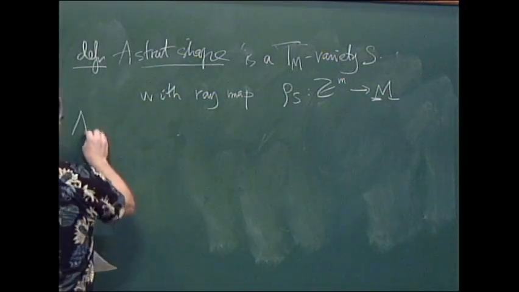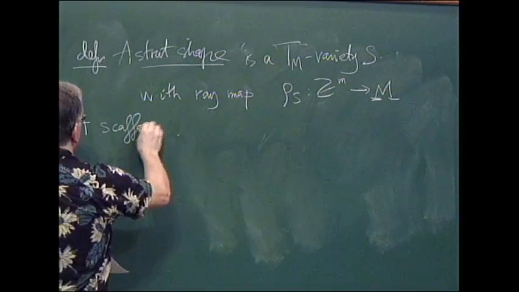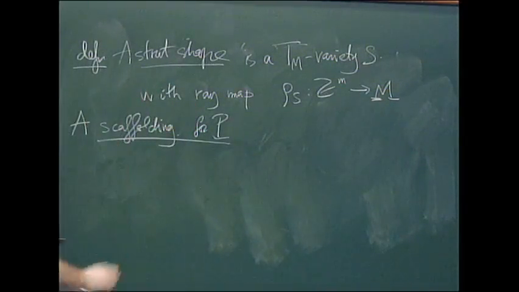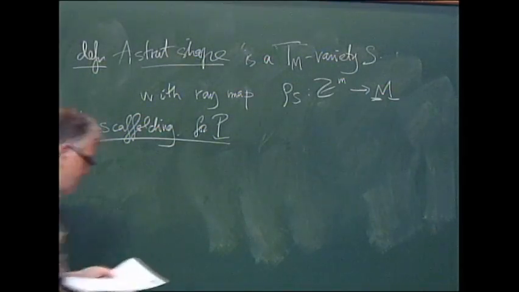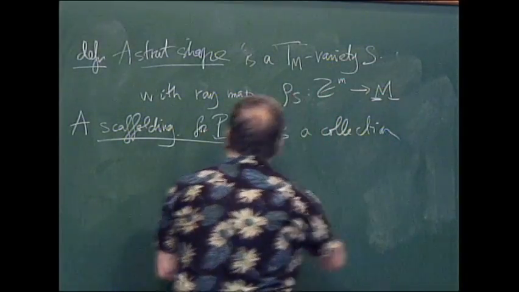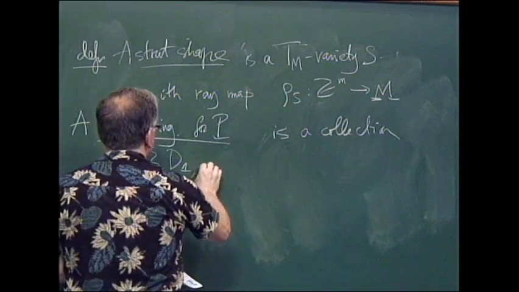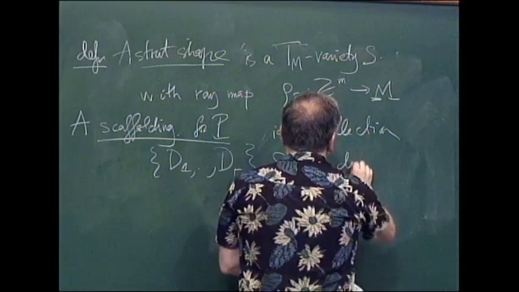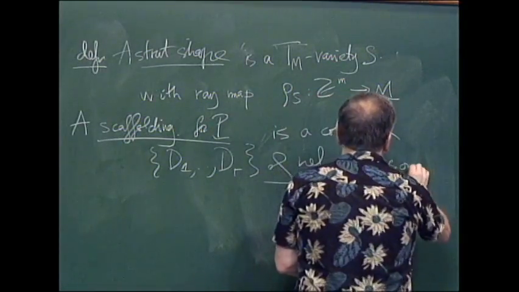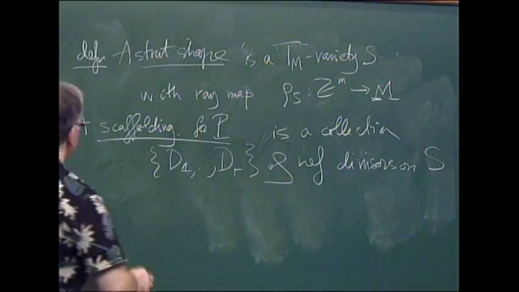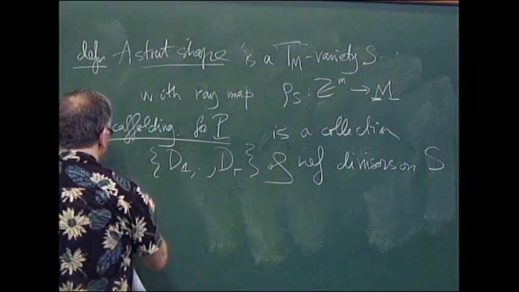And then a scaffolding for P is a collection D1, up to Dr, of nef divisors on S. And so that satisfies a certain condition. I'll tell you about it in a moment.